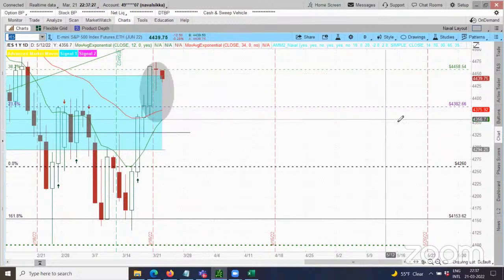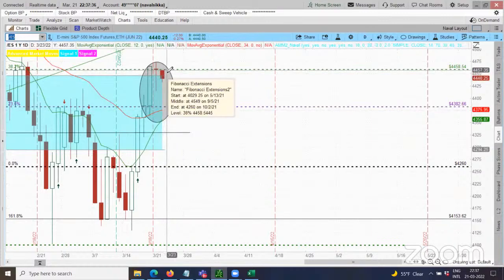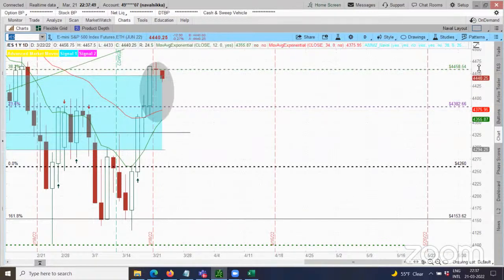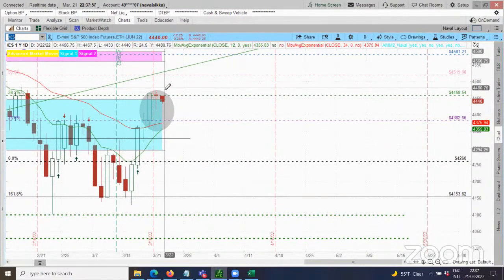Where we can go down, we can go down to 43.82, 43.75 area. These are the areas where we can hit. So any bounce towards 44.58 should be sold off even now. If it breaks out above tomorrow, like 44.70, only then it's a buying opportunity. But above 44.70, the area is pretty small, 45.20. So the wiggle room is not enough.